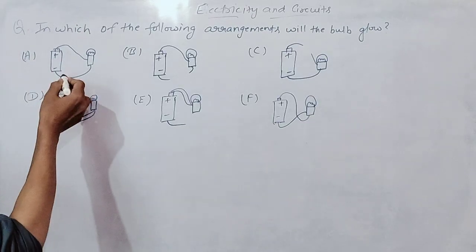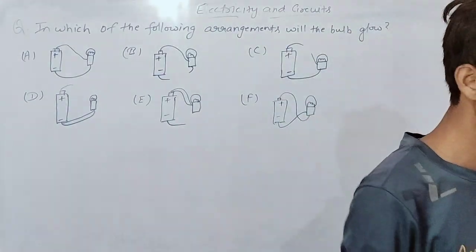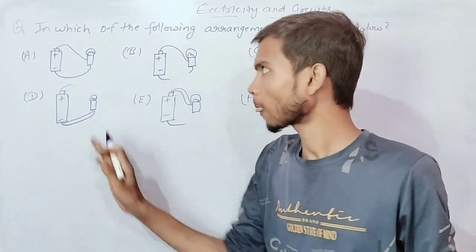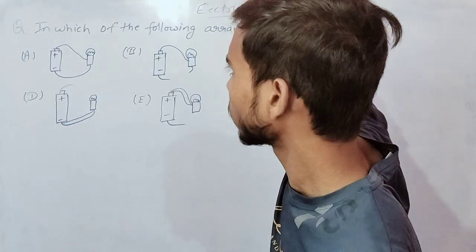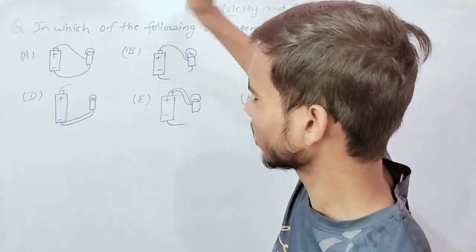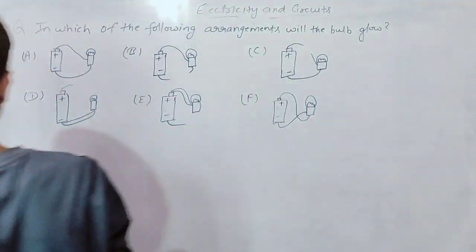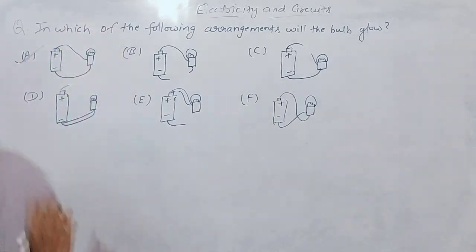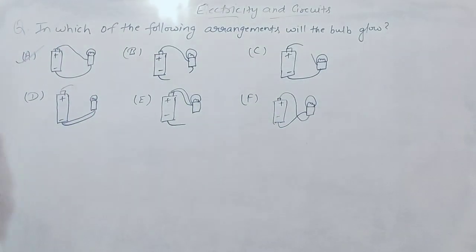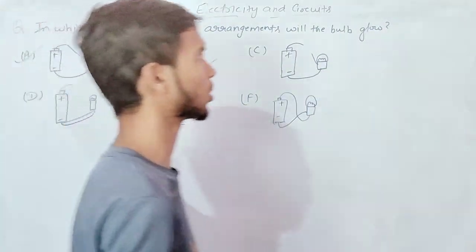Okay, this is a closed circuit. Nothing is broken. The filament is complete. Even the wire is not broken anywhere. Everything is fine in A. So here the bulb will glow in this arrangement. But here the wire is broken, and this bulb will not glow.